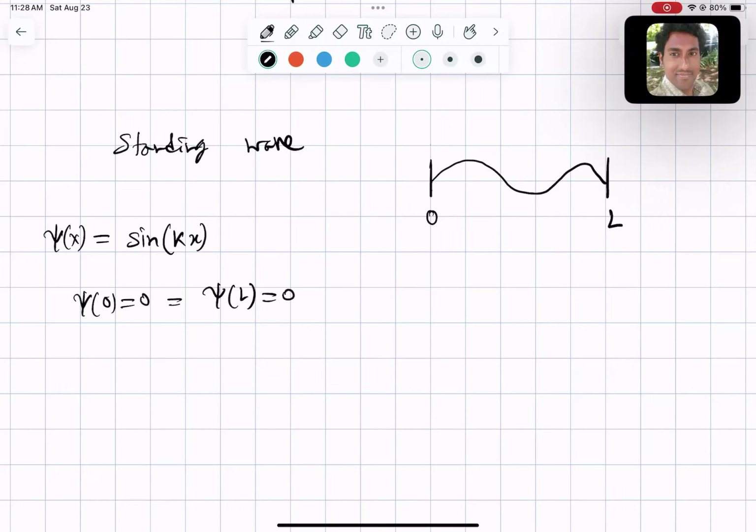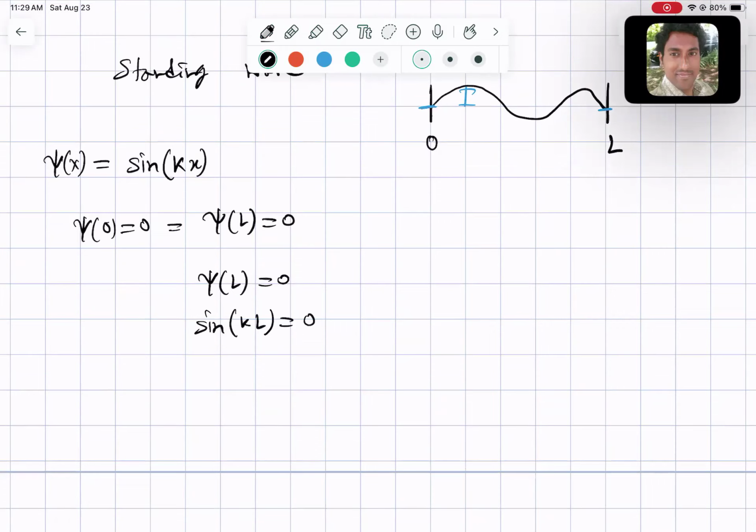The reason is that sine is the amplitude, right? So on either side of the wall or the boundary, sine wave must have 0 amplitude because it's fixed. It cannot physically move. And if we impose this psi of L equals 0 condition, we have sine KL equals 0.